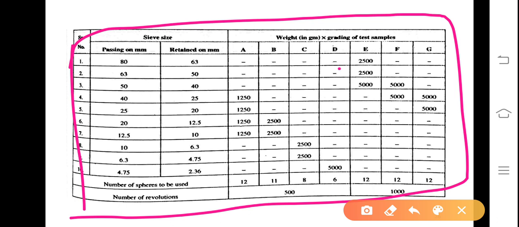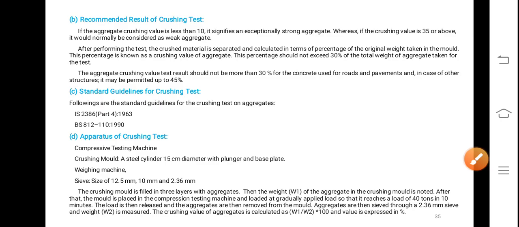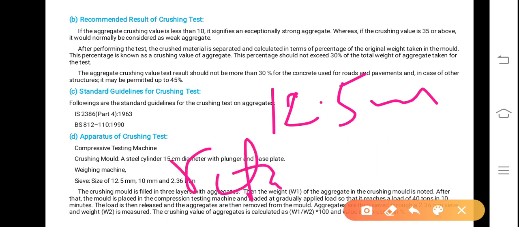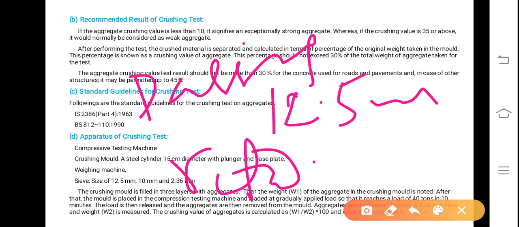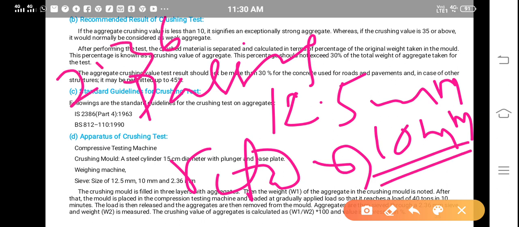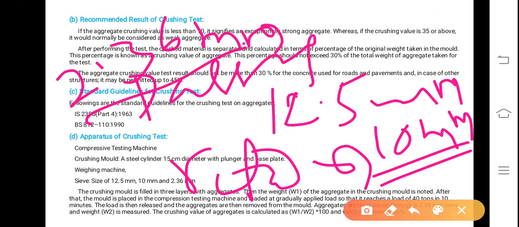In crushing value, passing 12.5 mm sieve and retained on 10 mm IS sieve should be used for the test. After the test is over, you have to take 2.36 mm IS sieve and sieve it.